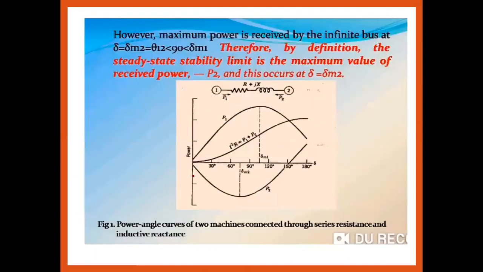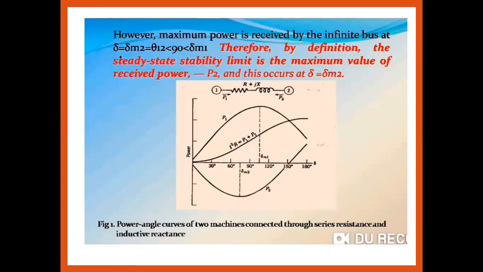Okay, now if the maximum value of power is received by the infinite bus at del equal to del m2, then the first condition was del m, which is 180 minus del m1.